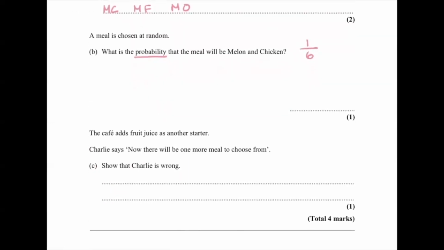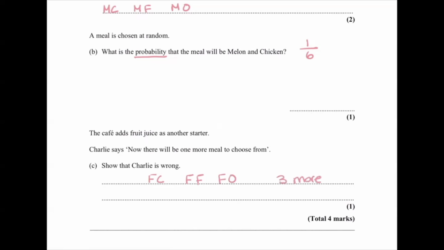Now, the cafe adds fruit juice as another starter, and Charlie says there will be 1 more meal to choose from. Show Charlie is wrong. So they're telling us he's wrong. We've got to explain why. If fruit juice was added, we would have fruit with our chicken, fruit with our fish, and fruit with our omelette, which is 3 more.